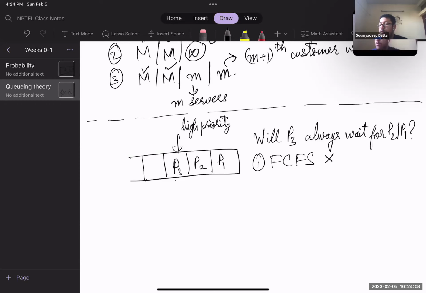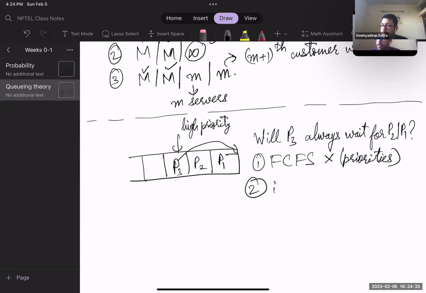So we might have a policy where we introduce these priorities, and so this high priority traffic might jump ahead of the queue and be served first. So that is a possibility. So this is one: first come, first serve might not be true always. Priorities, just noting this down, we can have different priorities.